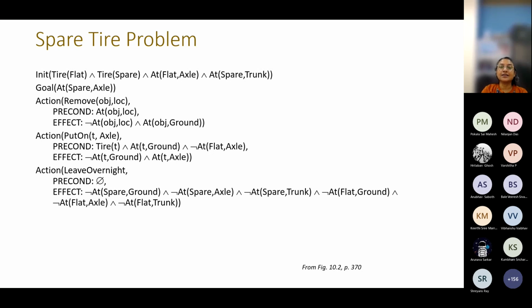And the goal is to have the spare on the axle. These are the actions available. So this is an exercise that you can do to apply GraphPlan and construct the planning graph for this problem. You can do this exercise, and then if you have a problem, we can discuss.